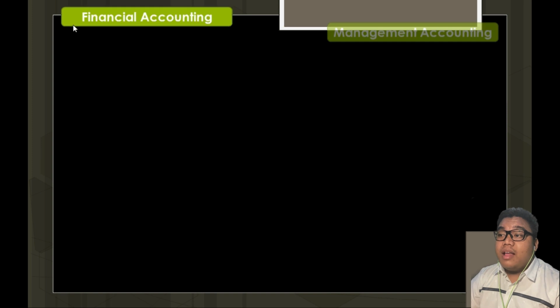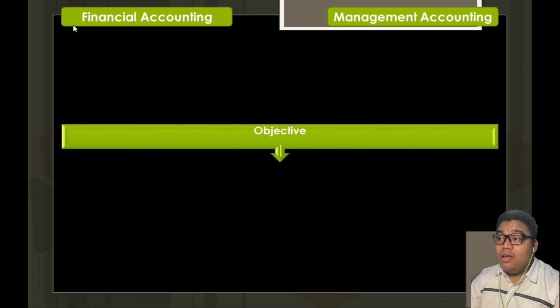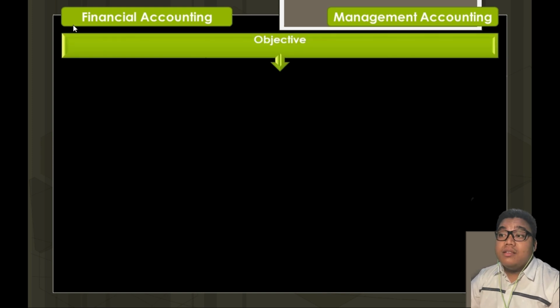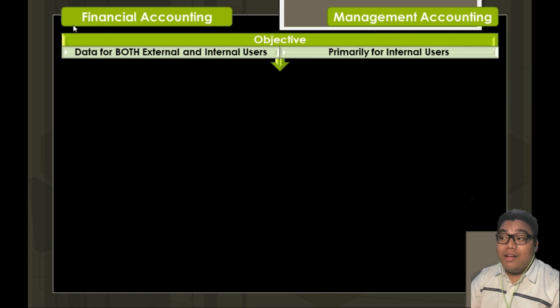So in here, we would have a comparison of financial and management accounting. As to objective, what is the objective of financial accounting? It is to provide data for both external and internal users. And for management accounting, the emphasis is that it is primarily for internal users. Can't we provide the management accounting reports to external users? We may, if we intend to do so. Are there certain reports from the management accounting point of view that are provided to external users?